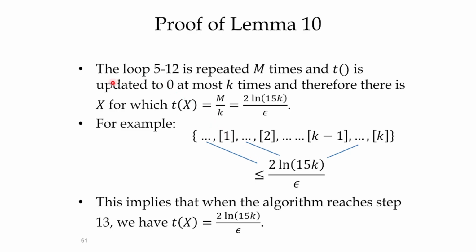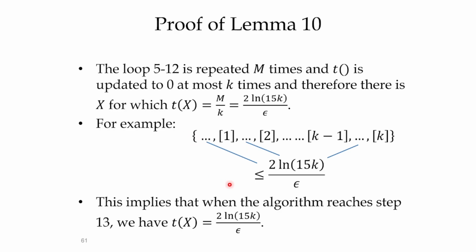Okay, so the loops 5 through 12 are repeated n times, and t is updated to 0 at most k times, and therefore there is a capital X for which t of capital X is equal to n divided by k, and that is equal to 2 ln 15k divided by epsilon. And we have this example over here.